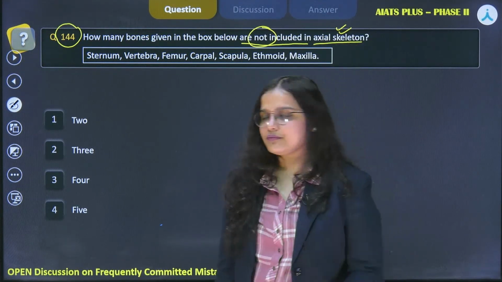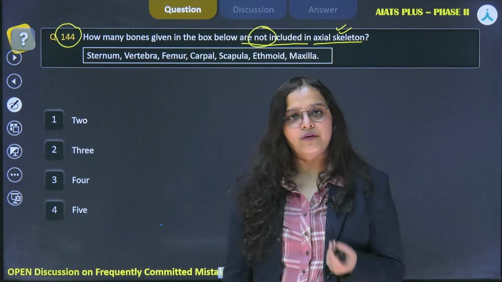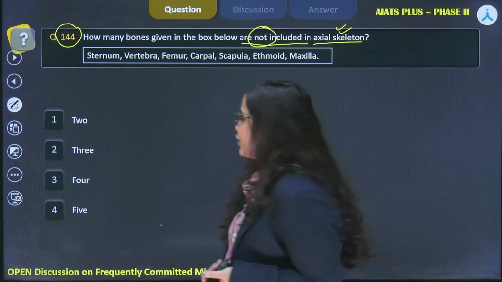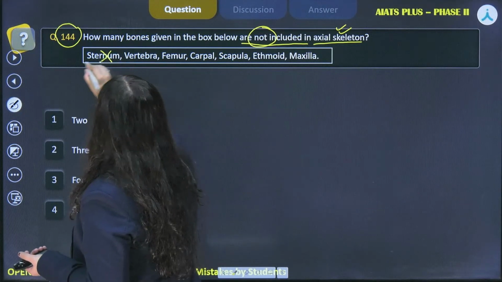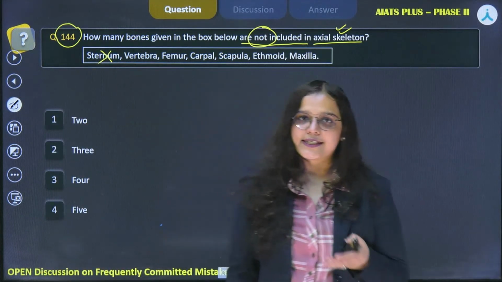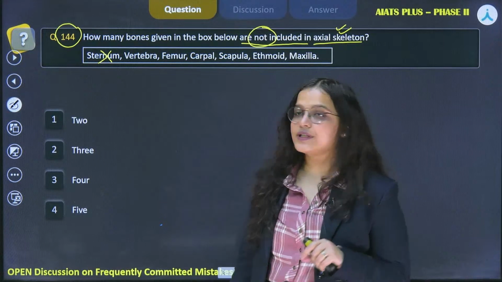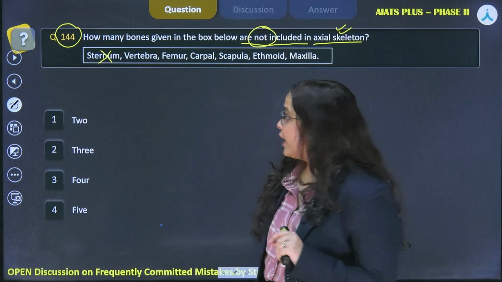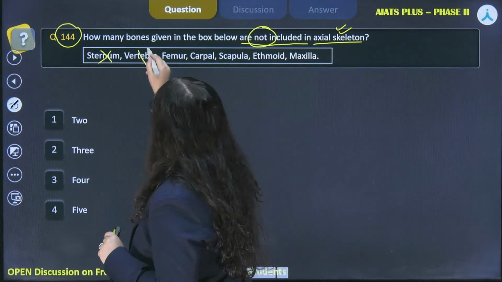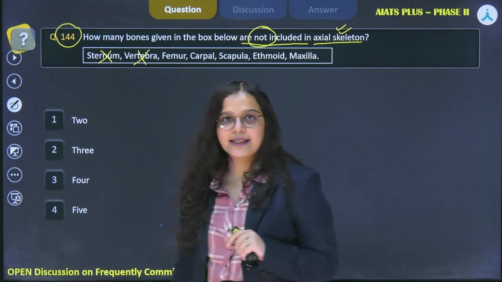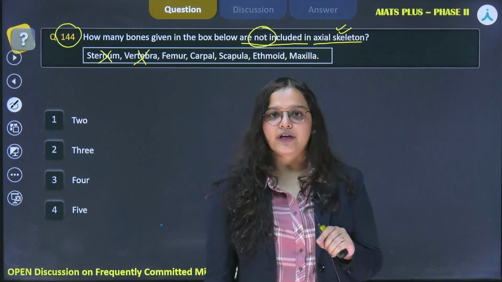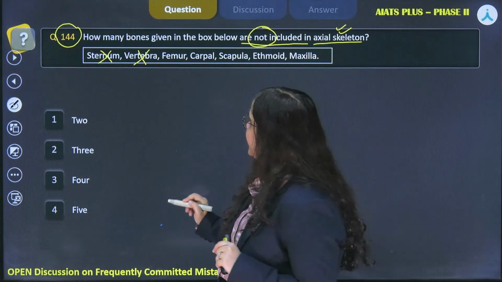All right. So first we have the sternum, and we saw that sternum is a part of our thorax, and sternum is very much a part of the axial skeleton. Therefore, we will not include sternum in our answer. Then we have the vertebra. Vertebra are also a part of the axial skeleton, so we will exclude vertebra. Then we have the femur.